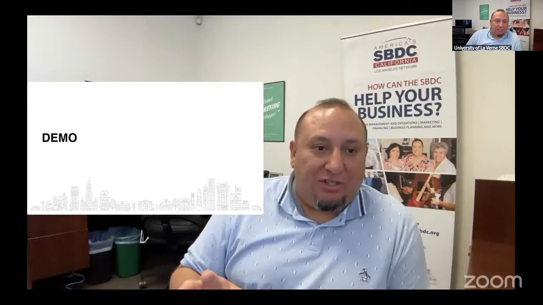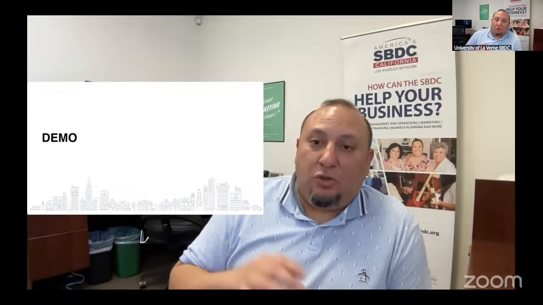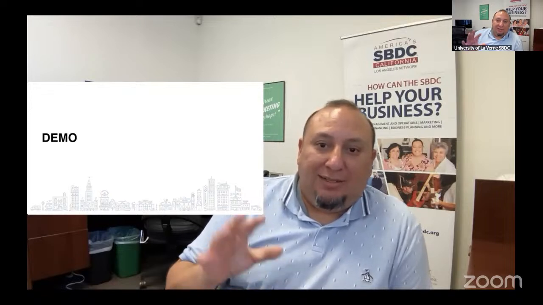So if you did register and you attended, you will get these resources. If you registered but didn't attend, don't worry about it. If you're watching this as a replay, you will also get this information. And those who are watching this on social, we'll put in some links for you as well so that you can get some of this information and employ it for your Google Business Profile.